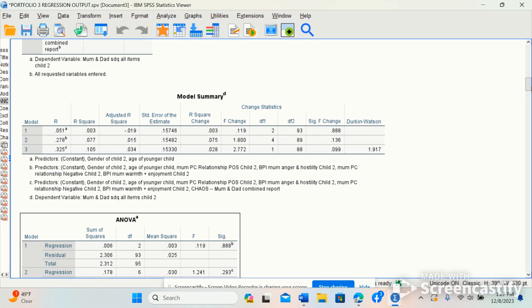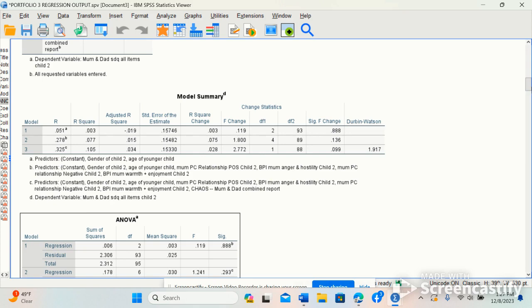The regression equation for the final model is y equals 0.74 plus 0.00 age plus 0.01 gender plus 0.001 plus 0.00 anger plus 0.01 positive relationship, basically, plus 0.01 negative plus 0.05 chaos.